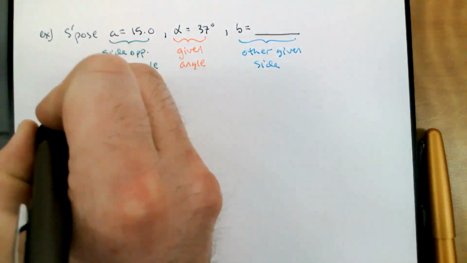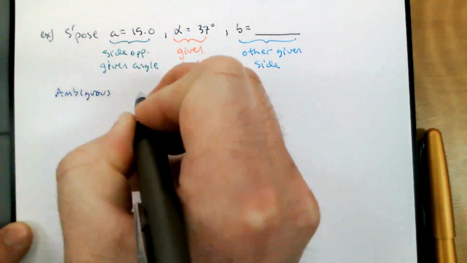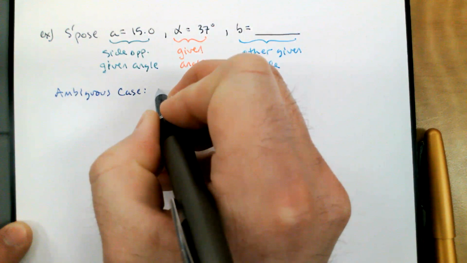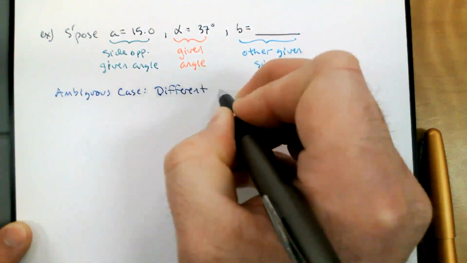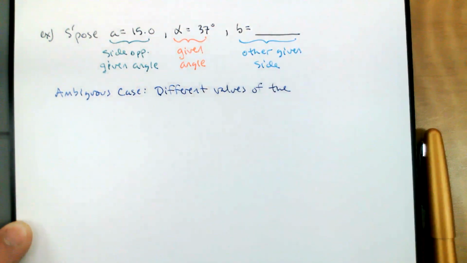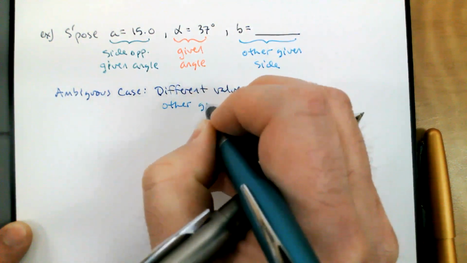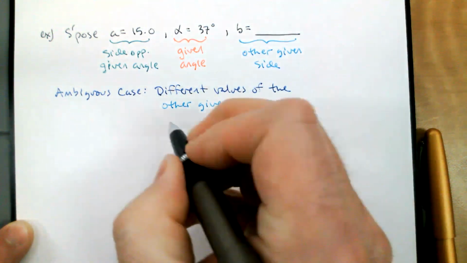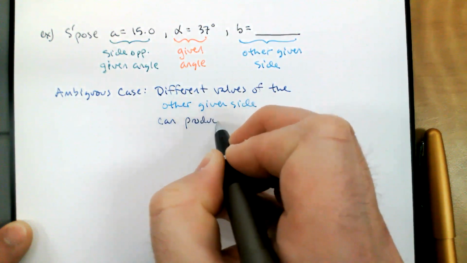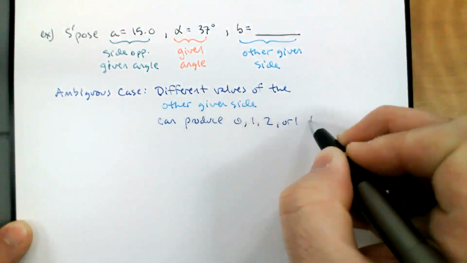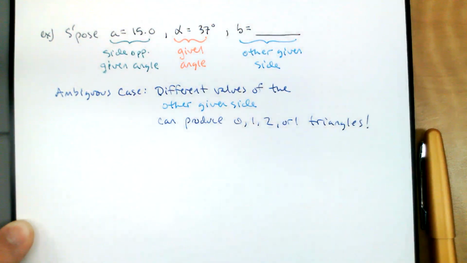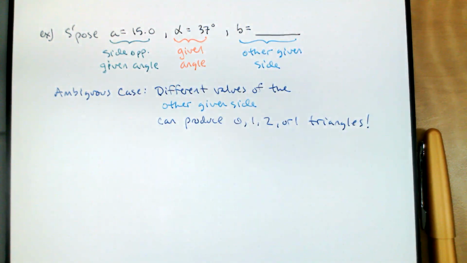So the ambiguous case: different values of the other given side can produce 0, 1, 2, or 1 triangle. So how can this be?